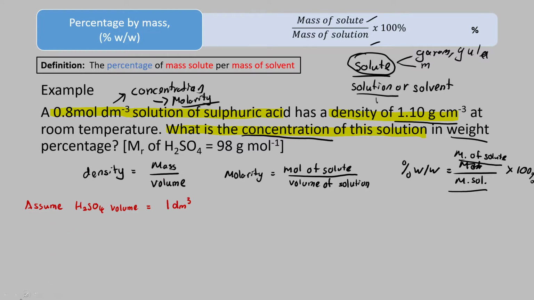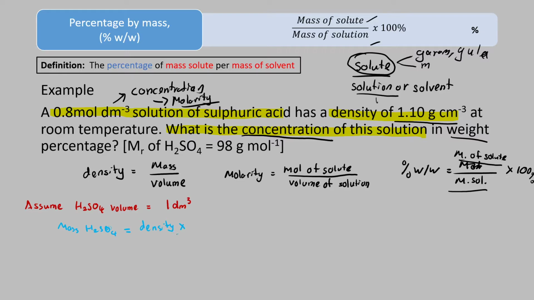So kita boleh tengok mass of H2SO4 from the density. Okay. Kalau you tengok the density is mass of volume. So kalau untuk cari mass is density times volume, right?